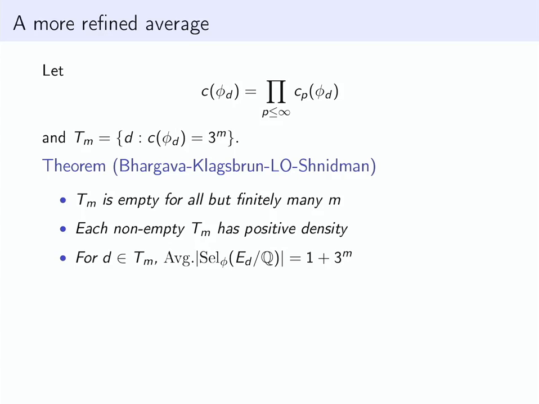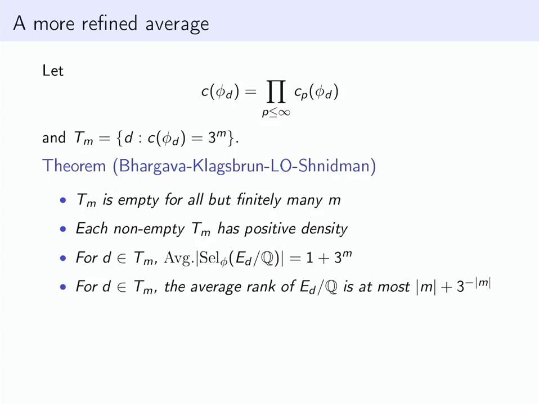If you twist inside sort of Tm, it turns out that the average size of this Phi-Selmer group is exactly 1 plus 3 to the m. It turns out that the average rank is at most absolute value of m plus 3 to the minus absolute value of m. This thing could be a negative power of 3.